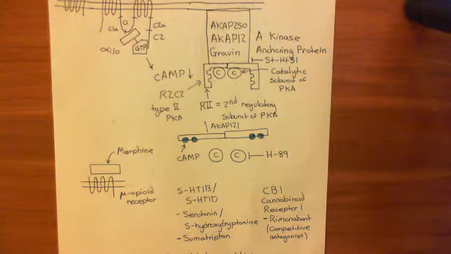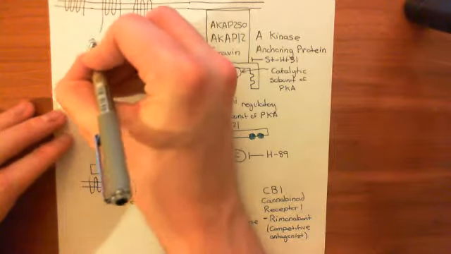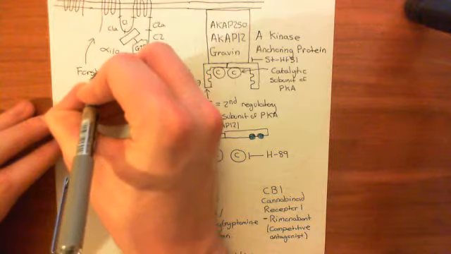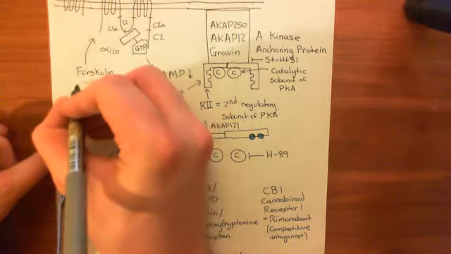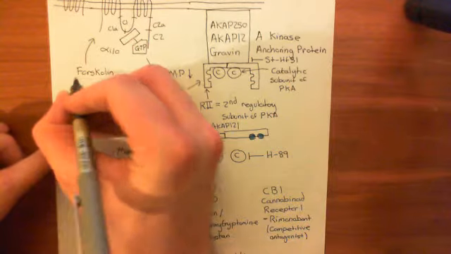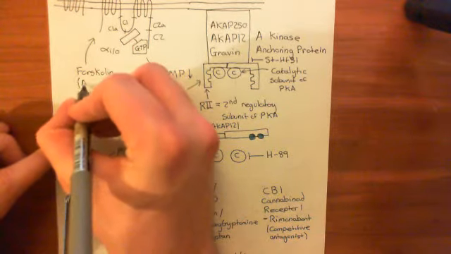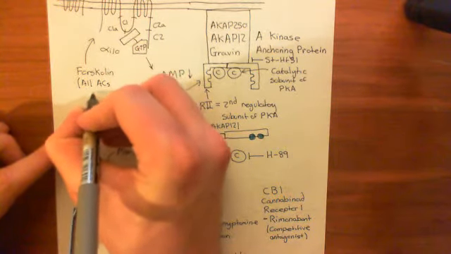Okay, and the final drug I'd like to talk about is forskolin. Forskolin is basically a non-selective activator of adenylyl cyclases, and it activates all adenylyl cyclases except adenylyl cyclase 9.